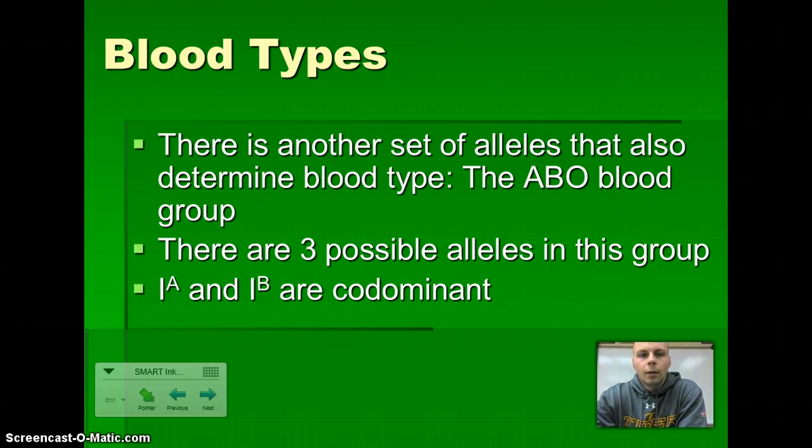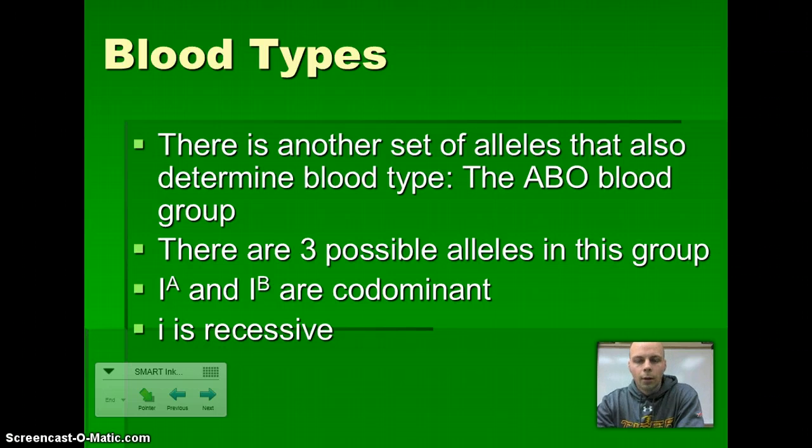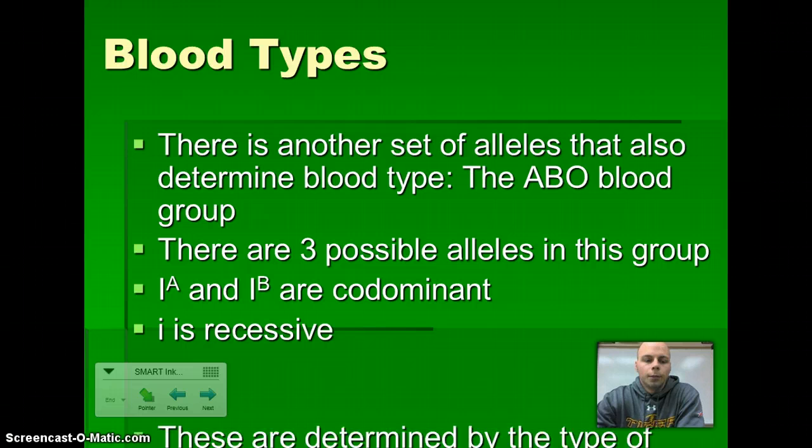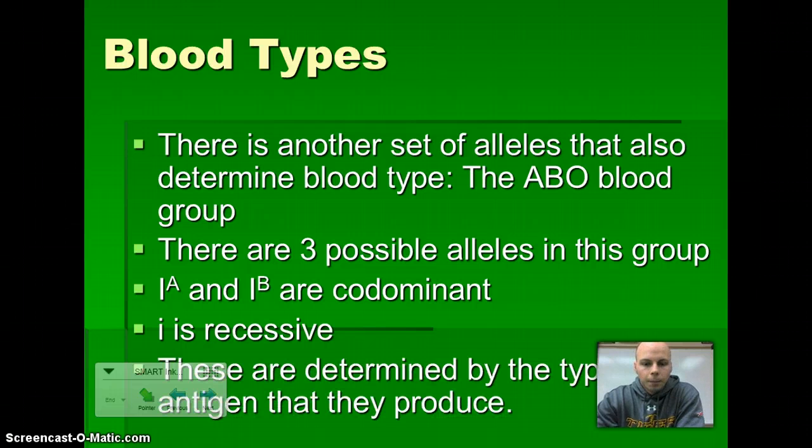That's why we can get an AB group as opposed to just an A or a B. And the i, which is represented by this i letter, is the recessive allele, and that is the type O blood. I know it gets a little confusing when your type O blood is represented by an i allele, but that's the way they set these up.